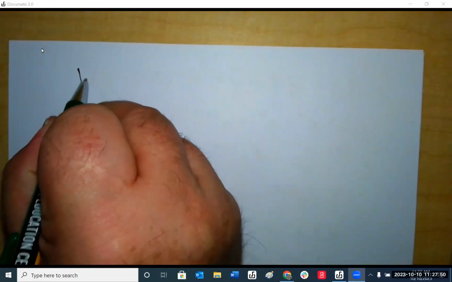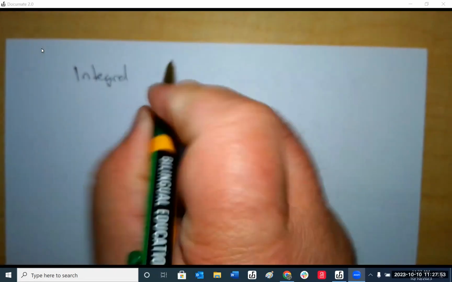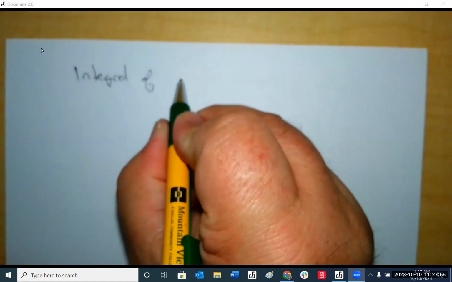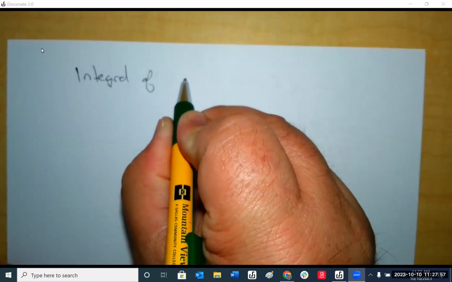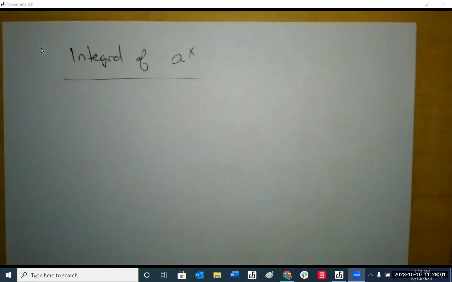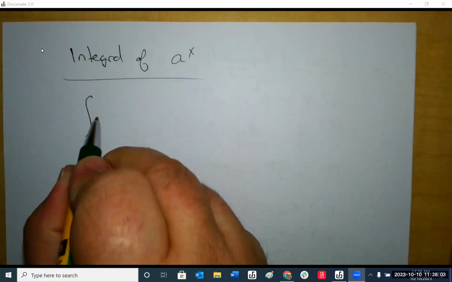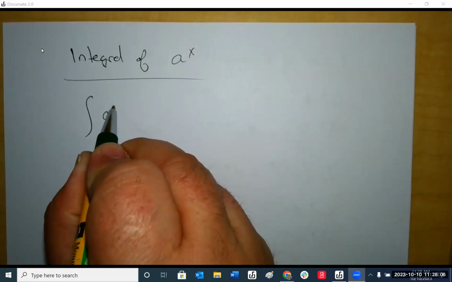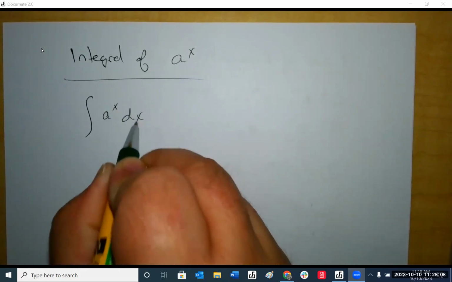How about if we integrate it? Integral of a to the power x dx.